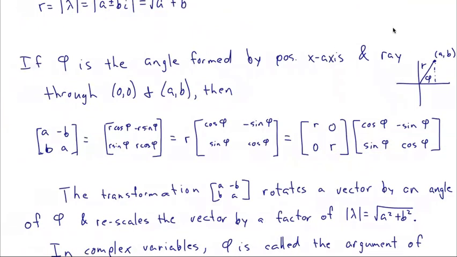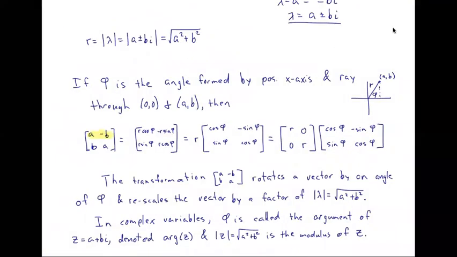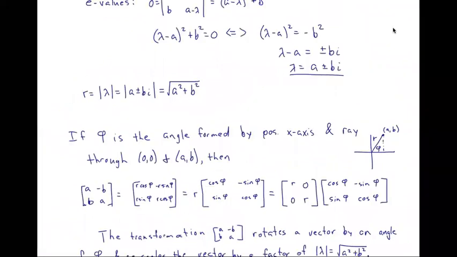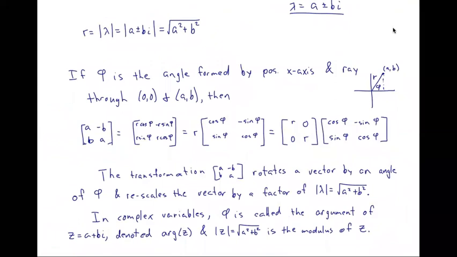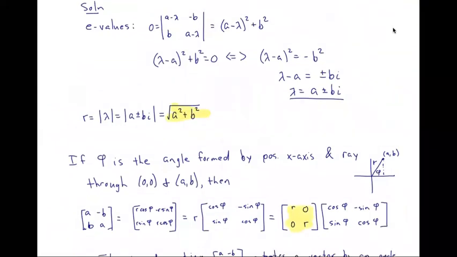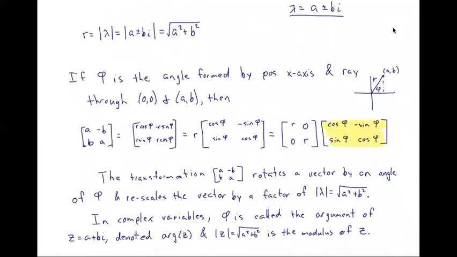And what we realize is that a matrix of this form, A, negative B, B, A, having complex eigenvalues A plus or minus Bi, really decomposes into two things: a rescaling transformation, which depends on the values of A and B, and also a rotational component, which is based on the angle between the positive x-axis, or the real axis, as we'll call it, and the point (A, B).